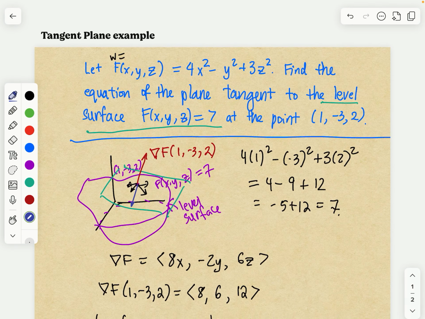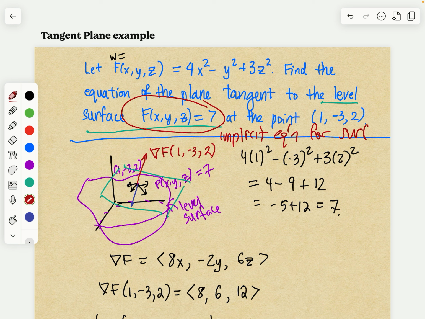And then maybe one more thing is that here, the surface is implicitly defined by this equation. This is an implicit equation for the surface. This purple surface is described by capital F of x, y, z equals 7.